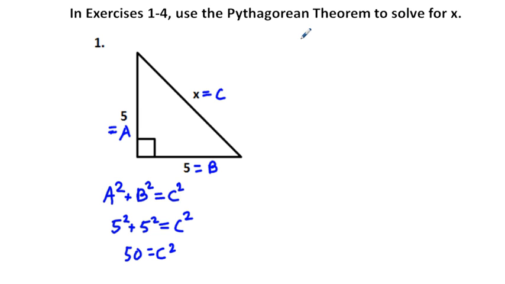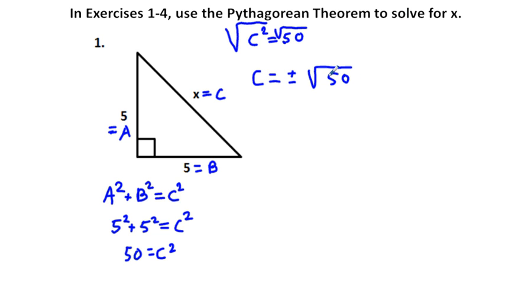And now I'm going to bring this equation up to the top. I'll put c squared equals 50, and so we can solve for c by taking the square root of both sides of this equation. In doing that, we get c is equal to plus or minus the square root of 50. And 50 can be rewritten as 2 times 25, so c is equal to plus or minus the square root of 2 times 25.